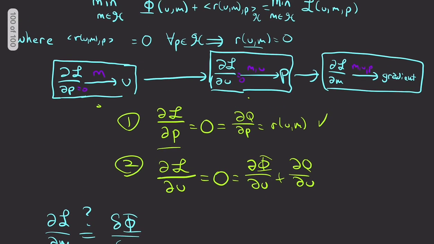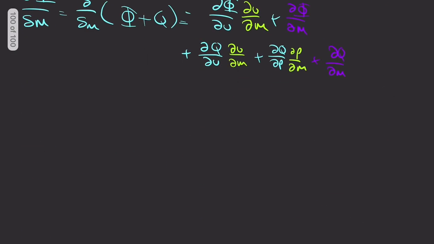Okay, so if we go back up here, partial q partial p is 0. That's our residual, so this term immediately vanishes from 1.